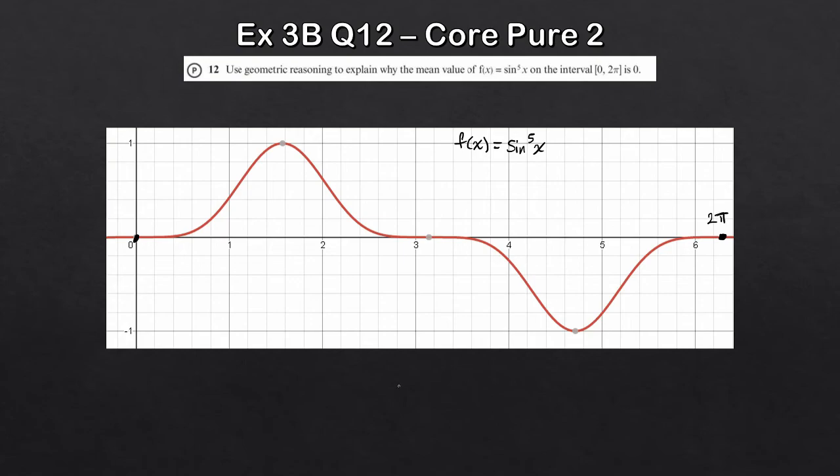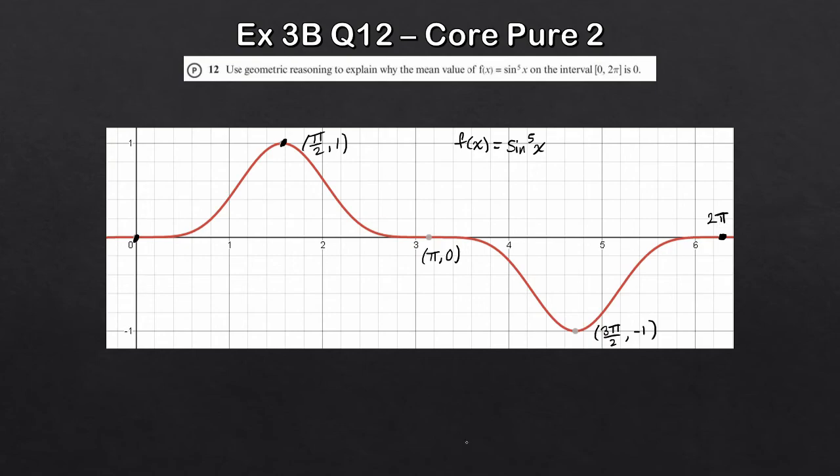So we're asked to explain basically why is the mean value equal to 0. Well, let's just consider all our points. So this is pi over 2, 1. That would be pi, 0. This will be 3 pi over 2, and then minus 1. And this is 2 pi, 0.